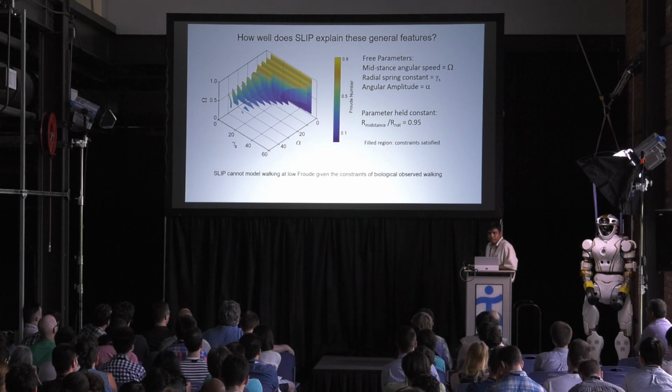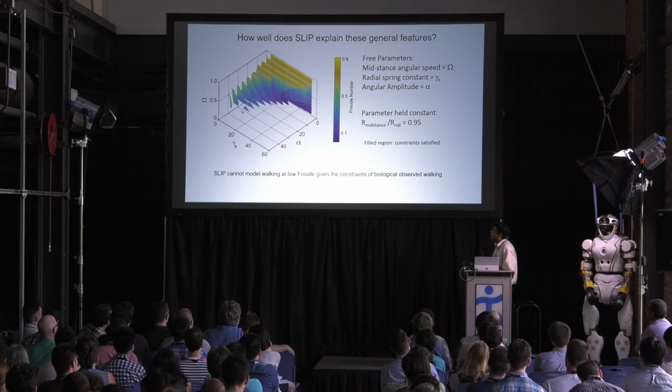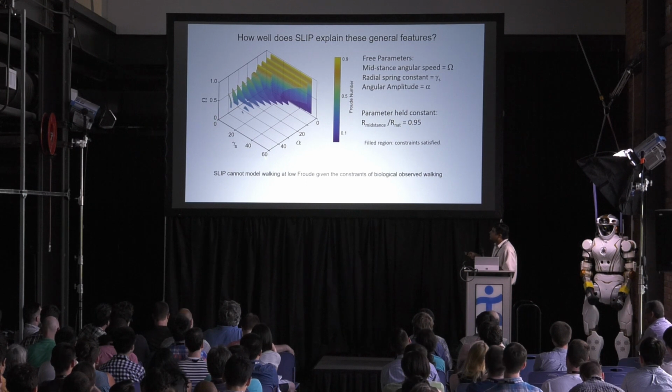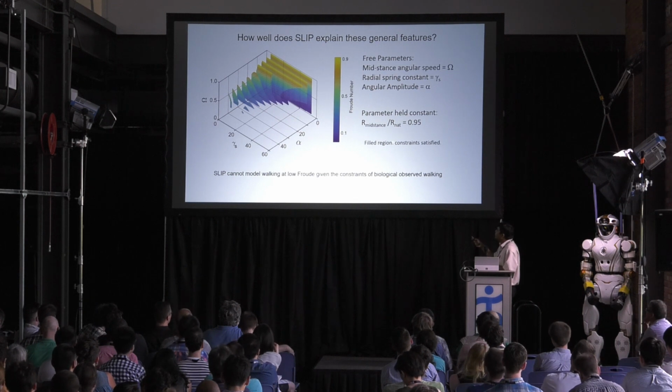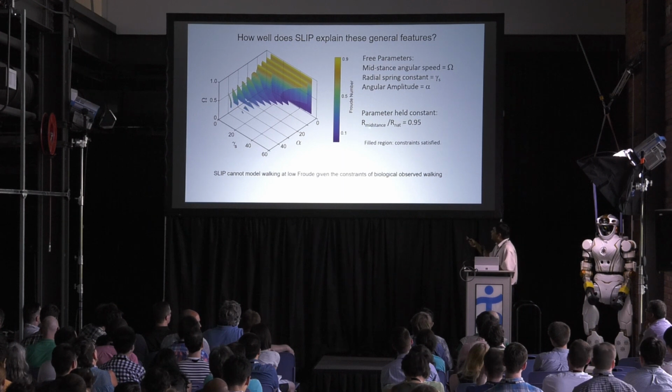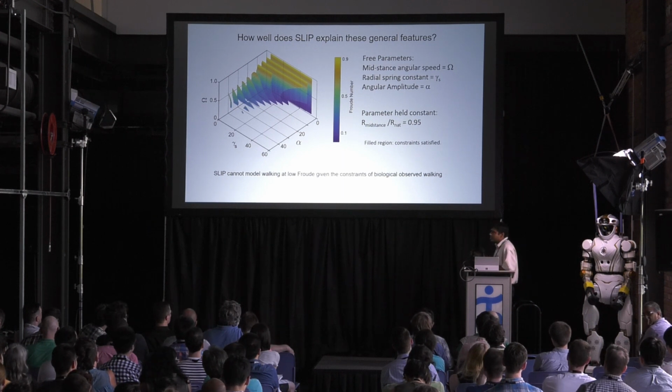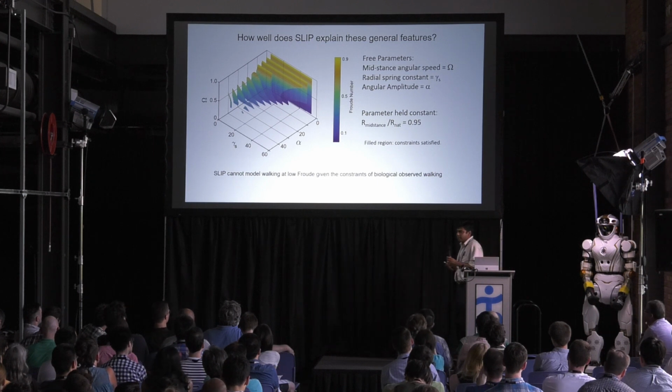We use dimensionless variables. We have 4 for a symmetric SLIP. This is the angular speed at mid-stance. This is the spring constant. And this is alpha, which is the angular amplitude. For the purpose of illustration, we are keeping one quantity fixed, which is the leg length at mid-stance over the natural length of the spring, at 0.95, which is typically a number that we get for our human fits.